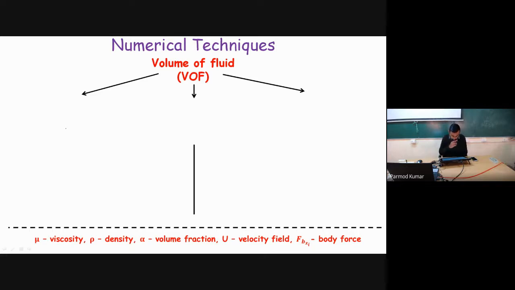Like in case of solid mechanics, we have some governing equations to solve the dynamics of the system. Similarly, for fluid systems also, we require some governing equations in order to determine the dynamics. Let me now take a simple example.